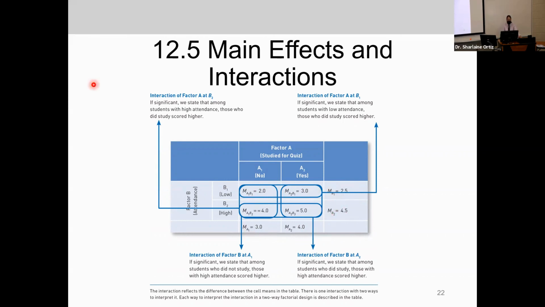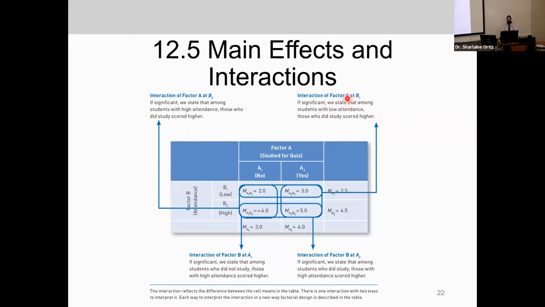So let's start with the interaction of factor A, but simply with the second level of factor B. What we would say is that there is a specific influence. We state that students with high attendance who did study score higher. So notice that now there is an interaction. Let's look at the first level.